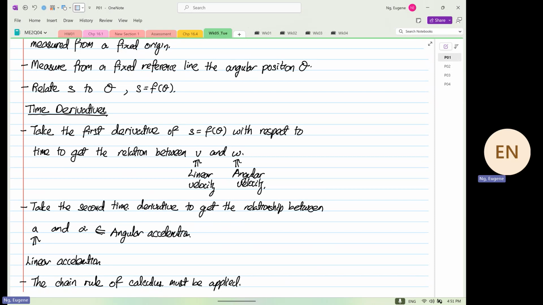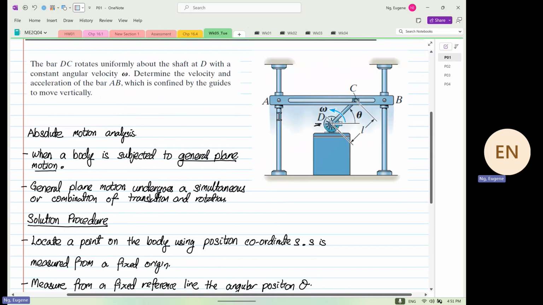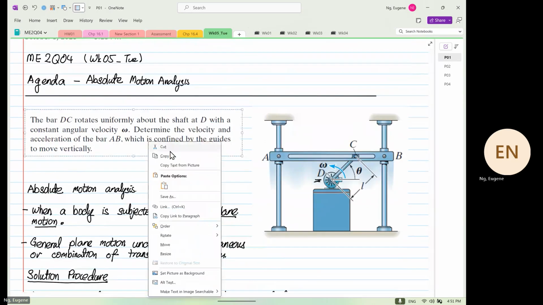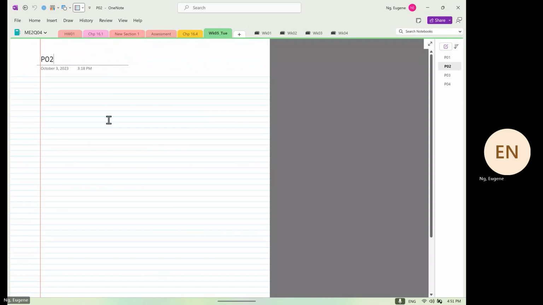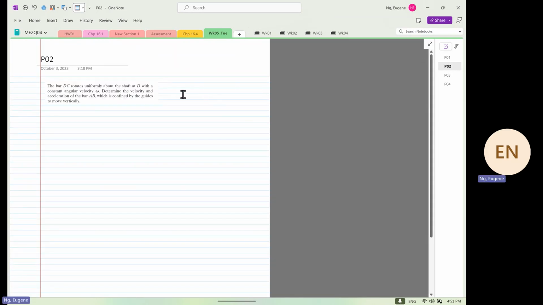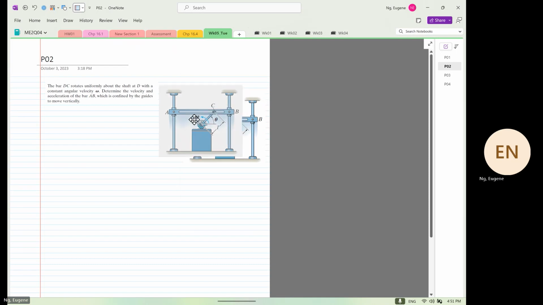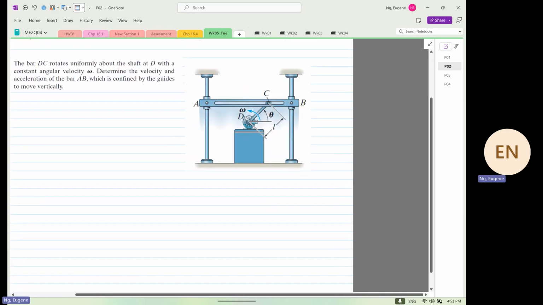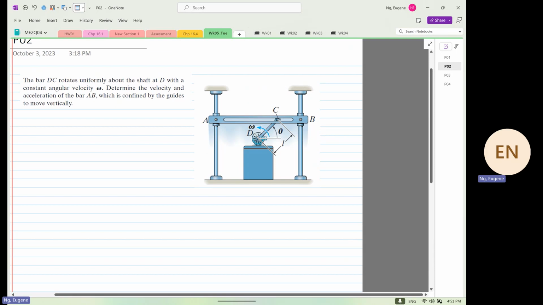So let's look at the first problem now. We did not look enough of the first problem, so I'm going to copy. Now, looking at this for the first time can be a bit overwhelming.